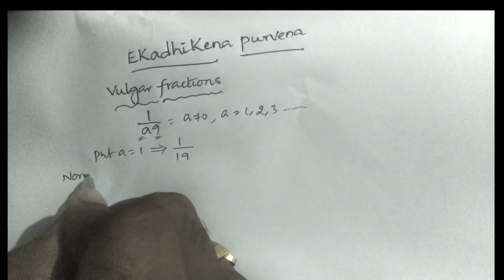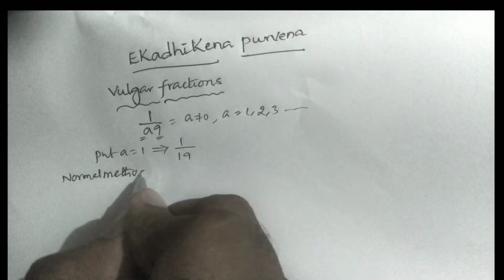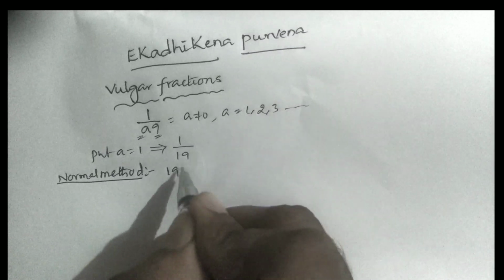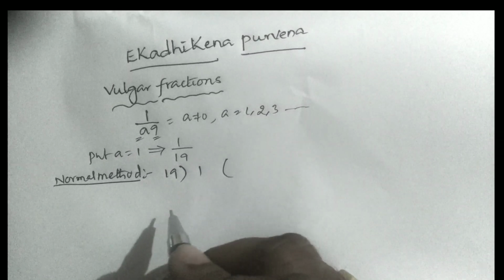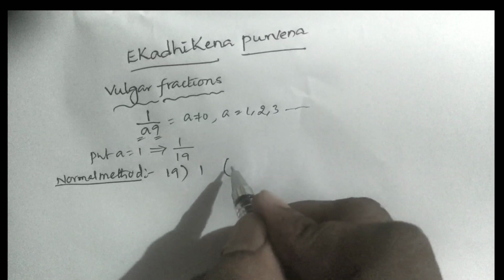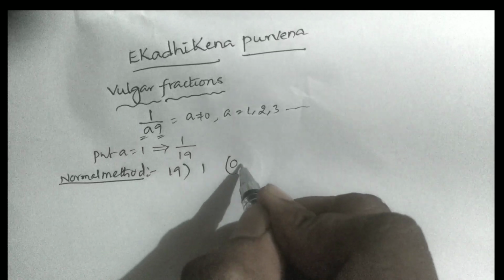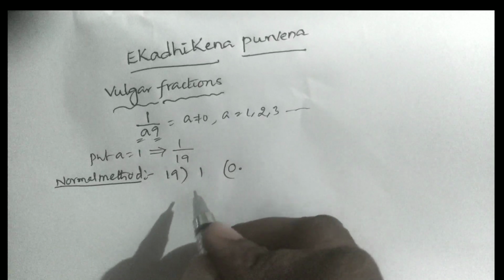Let us start with how to convert this fraction into a recurring decimal by the normal method. See here, 19 is the divisor, 1 is the dividend. Now 1 is smaller than 19, so we have to put a decimal point.